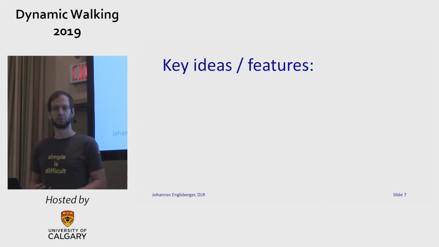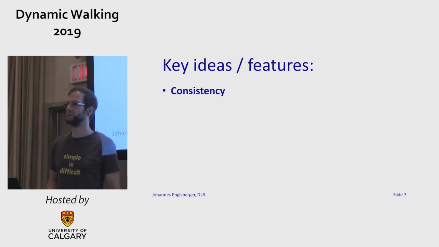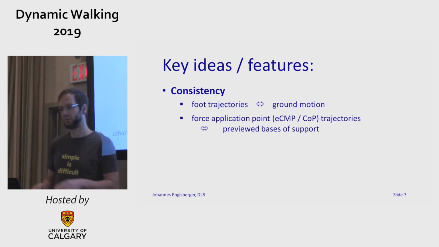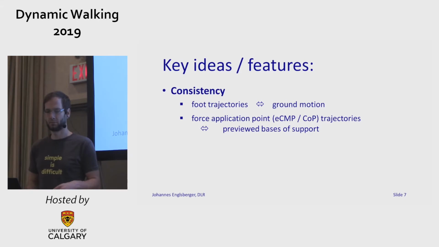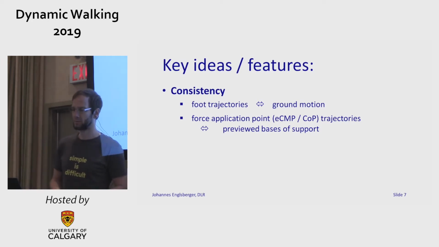Let me, right in the beginning, emphasize that there are two key ideas and features. One is consistency of foot trajectories with regard to ground motion, of force application points, call it ECMP, VRP, no one knows those. I know them, you should know them. Anyway, that's basically center of pressure trajectories with respect to previewed bases of support.